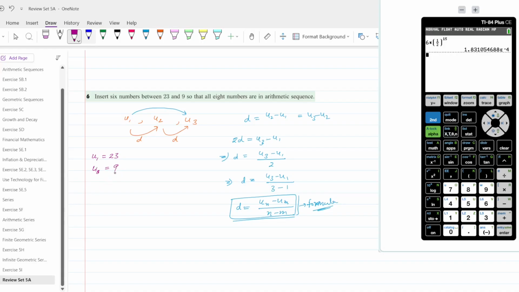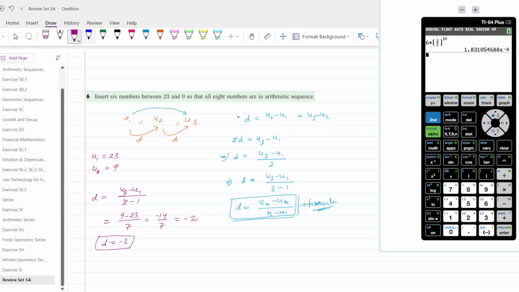Now we can say the common difference is going to be u8 minus u1 divided by 8 minus 1. So 9 minus 23 divided by 7. So this is going to be negative 14 divided by 7, so common difference is negative 2.